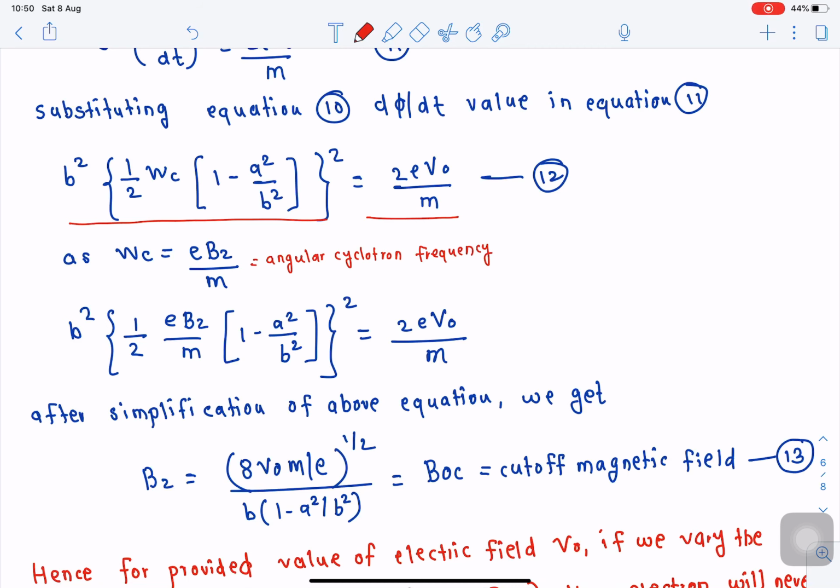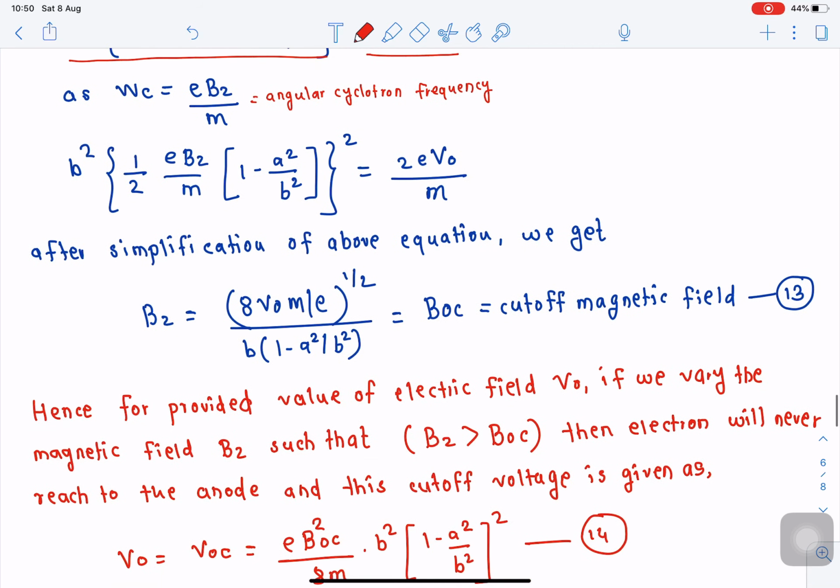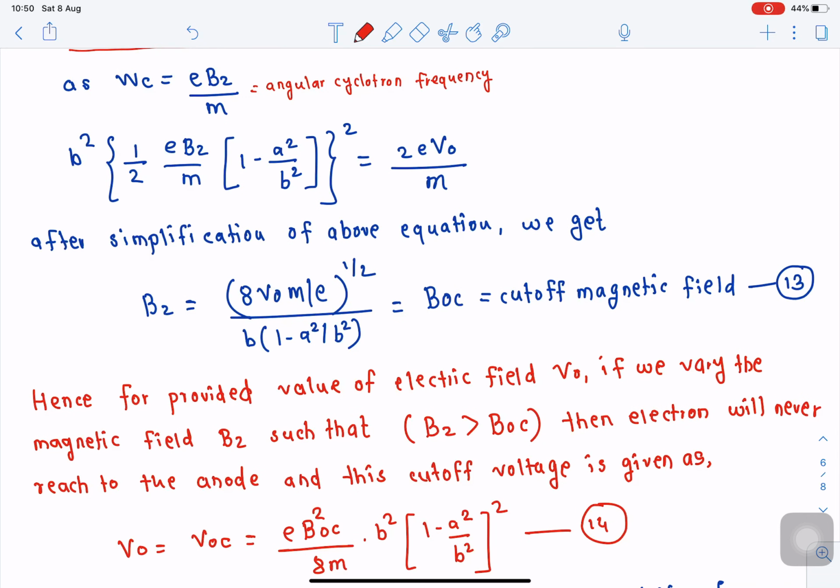Now we substitute this value and simplify further, and when we simplify this we can write the equation in terms of the magnetic field Bz. So Bz is the magnetic field. We can rewrite this equation arranged in terms of the magnetic field, and this magnetic field equation, whatever we get, we call it the cutoff condition of the magnetic field.